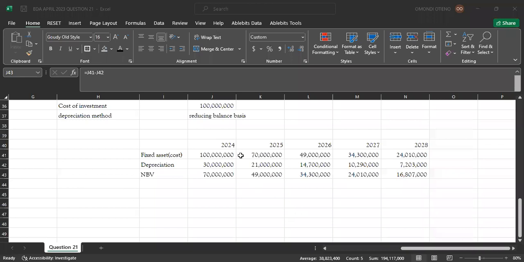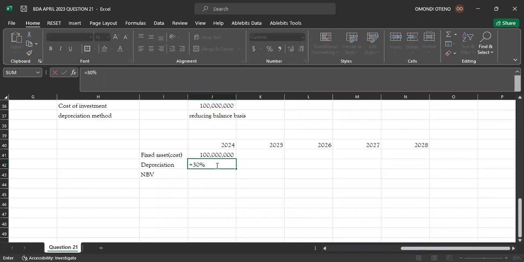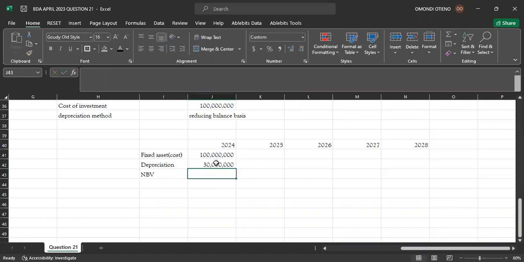Autofill here. Now this is the simplest part. Depreciation rate is 30%, equal to 30% multiplied by the cost. I'm getting 30. So this formula of 30 is the same 30% of the figure that is here.